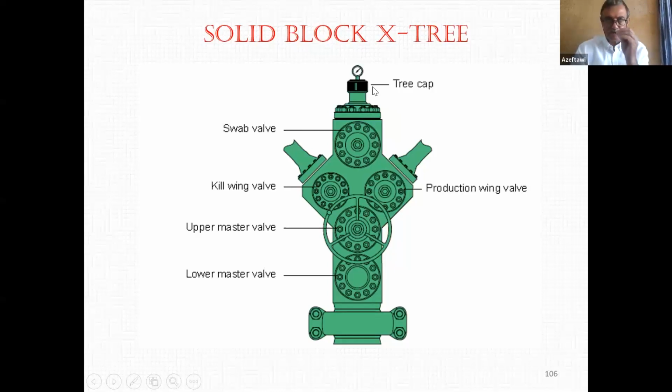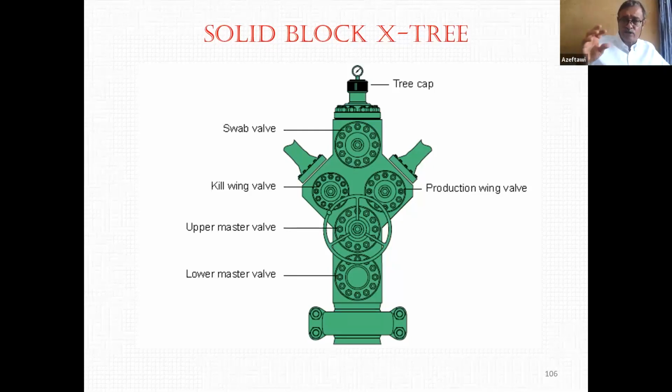To be able to rig up your equipment, you have to connect your tools to the Christmas tree, so you have to remove this tree cap. Then what you will have on top is a thread. Then you connect your BOP, because your BOP is the first thing you normally put on top of the Christmas tree. But normally the BOP thread type and size may not match the tree cap size.